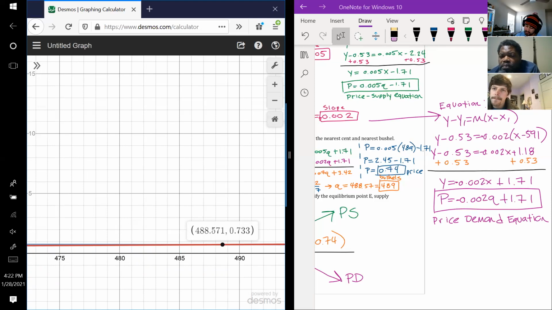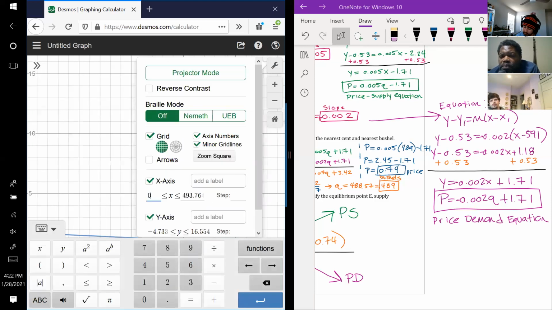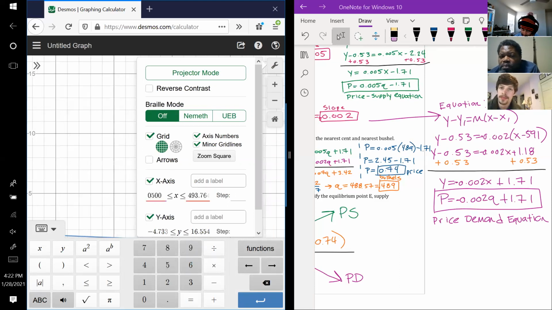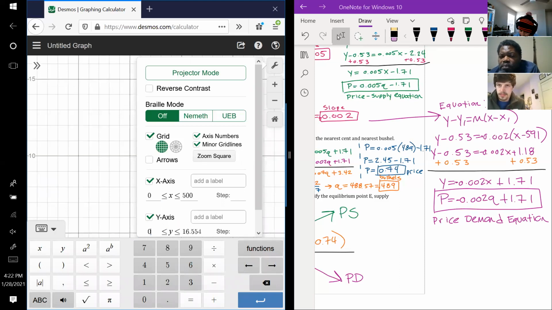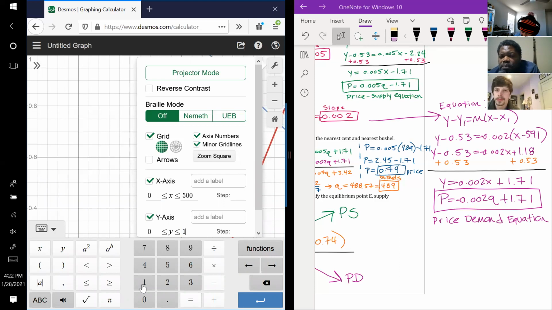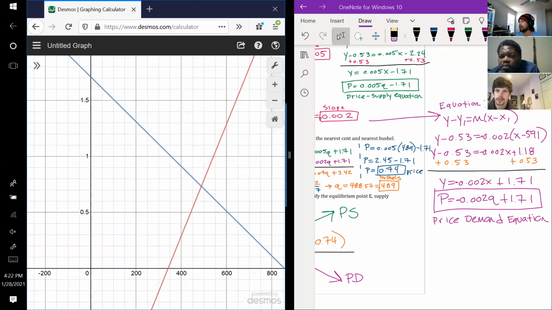There it is. If I wanted better restrictions on it, I would say here from 0 to, let's say 500. And over here, I would say 0 to, let's say 1. There we go. That's going to look great now. Look at that.